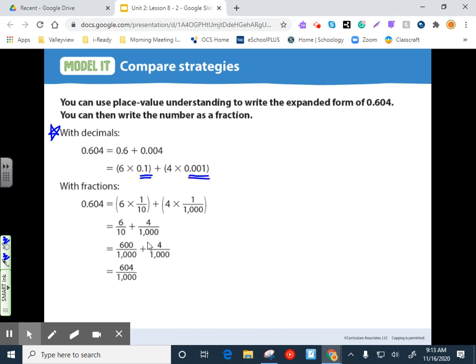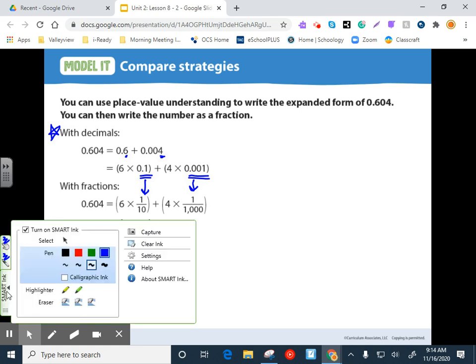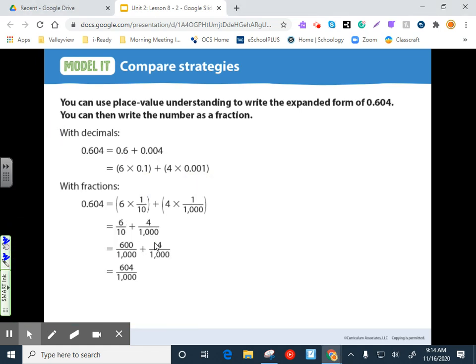So this 6 is in the tenths place, so it's 6 times a tenth. This 4 is in the thousandths place, so it's 4 times a thousandth. This is basically what that looks like as a fraction, and this is basically what that looks like. So you can interchange between fractions and decimals because they're equivalent, which means they're equal, they mean the same thing. So you can write the number as a fraction or a decimal. So nothing really to work out there in your notes.